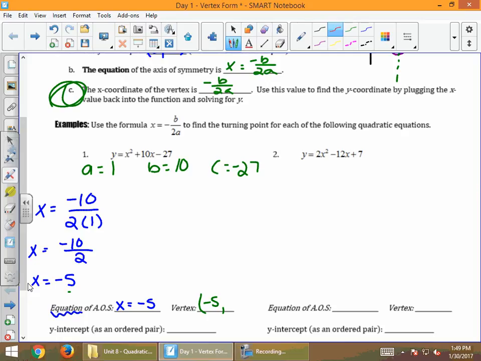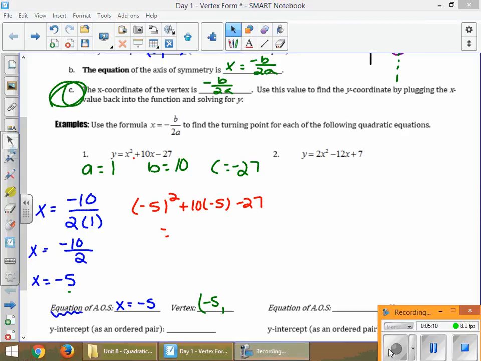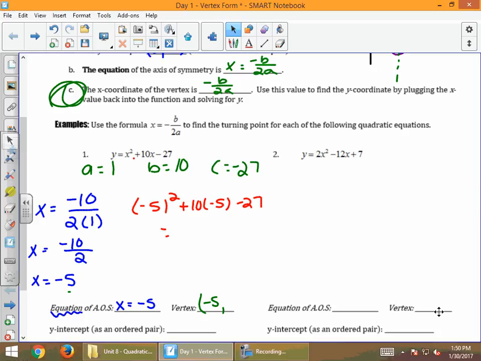So we just take negative 5 and plug it back in. We do negative 5 squared plus 10 times negative 5 minus 27. You just plug it in your calculator exactly how it is written. And when we plug that into our calculator, what do we get? Negative what? Negative 52. I got it.